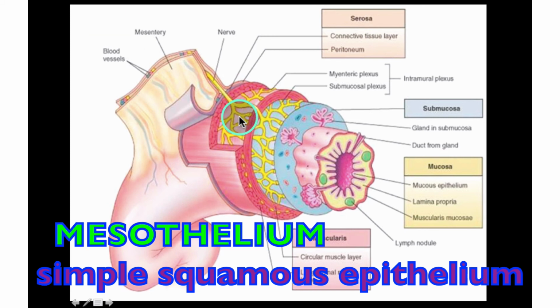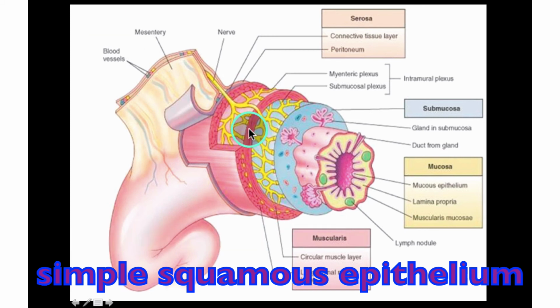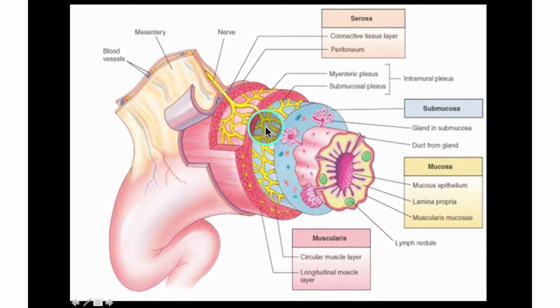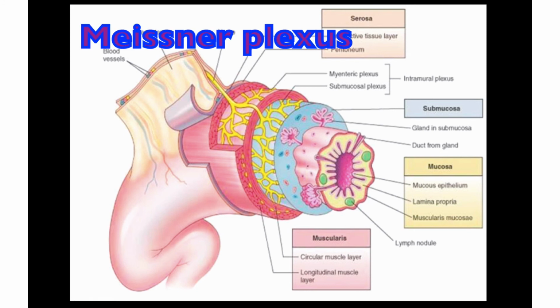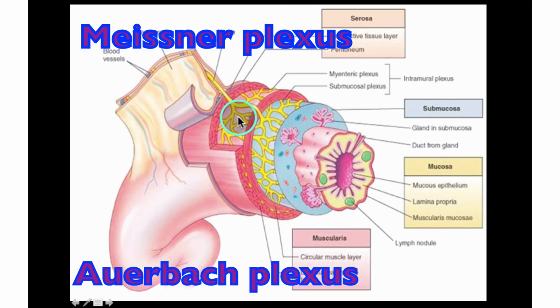One thing I want to point out right here is that there are two nerve plexuses that we find throughout the digestive system. There is one known as Meissner's plexus, which we see right here. That's associated with the submucosa. And there's Auerbach's plexus right here, which is associated with the muscularis externa.